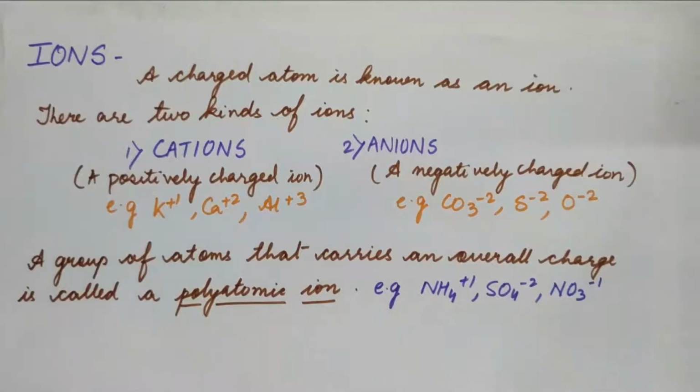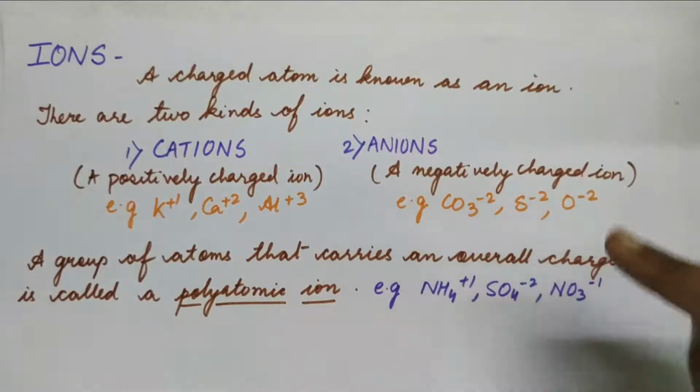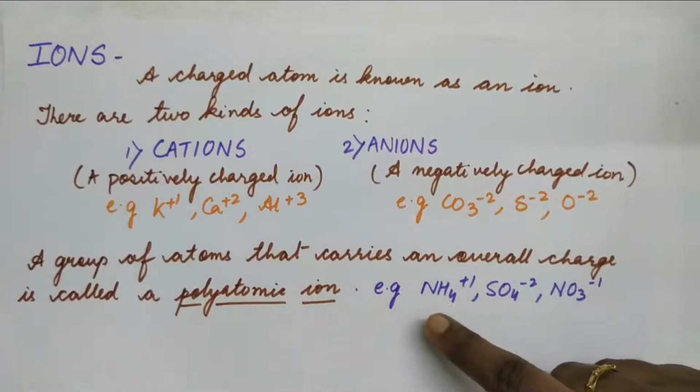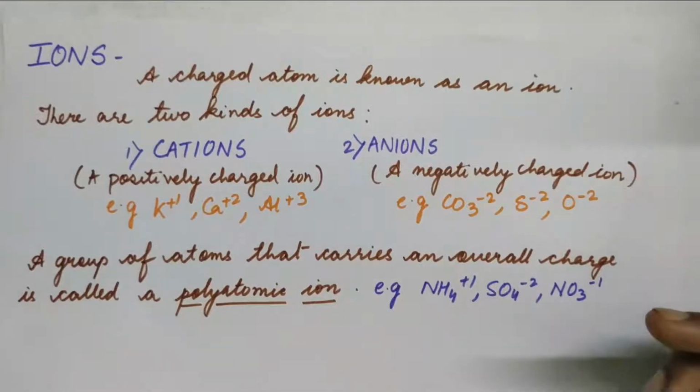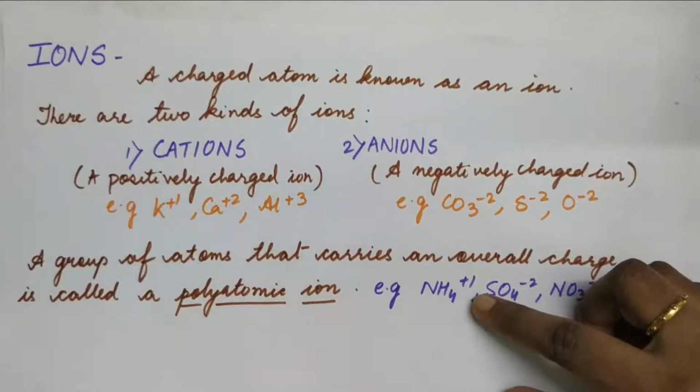You can see more than one atom is grouped together, and overall it has one charge. In ammonium, there are two elements, nitrogen and hydrogen, but it is a polyatomic ion which acts like a single unit, and its charge is +1.